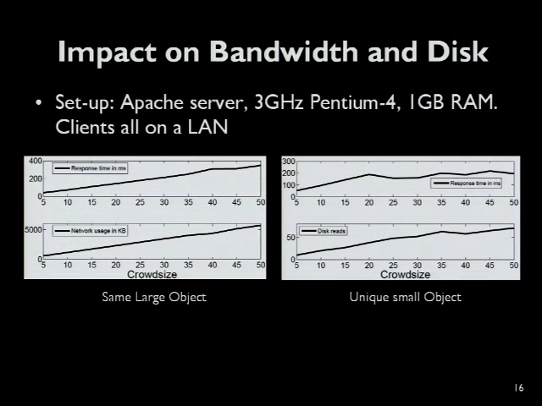As the number of clients increased, the response time increased. But we saw that the network usage, as reported by something like ATOP, also started to increase. And no other resource showed change, for example, the disk didn't show any reads. There was no increase in CPU utilization. So this confirms that the same large object affects the network usage.